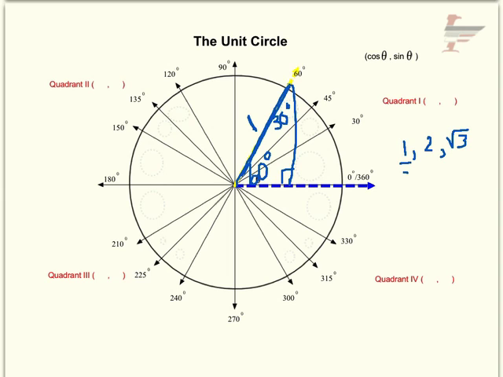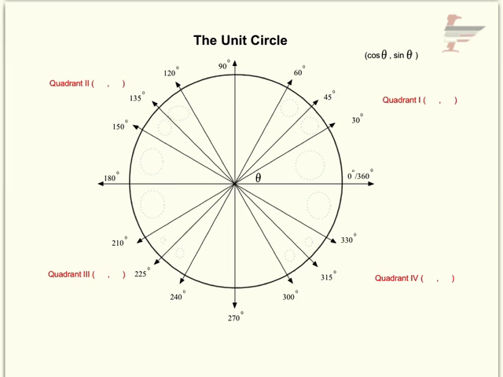So that means I have to cut this in half and cut this in half, right? Because I cut this in half to get the 1. So that means opposite of my 60-degree angle, which is typically the square root of 3, now has to be the square root of 3 over 2. Opposite of my 30-degree angle, which is typically 1, now has to be 1/2. And again, to get this terminal point, I would go over cosine, up sine, so over 1/2, and up the square root of 3 over 2.